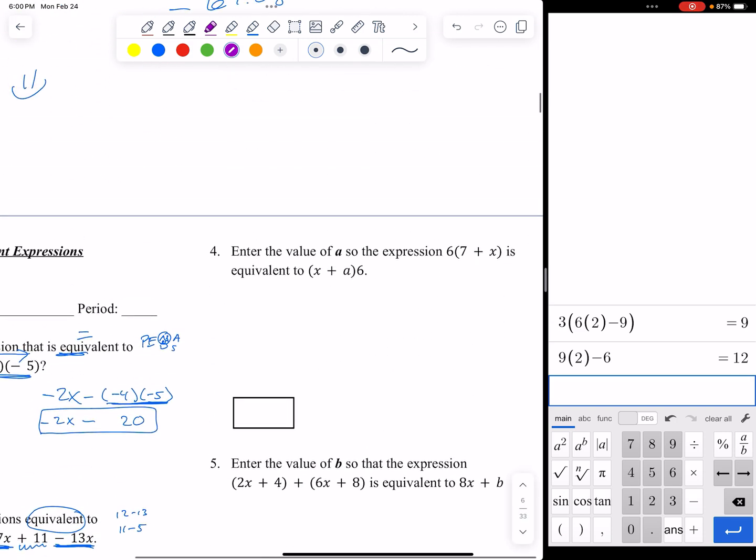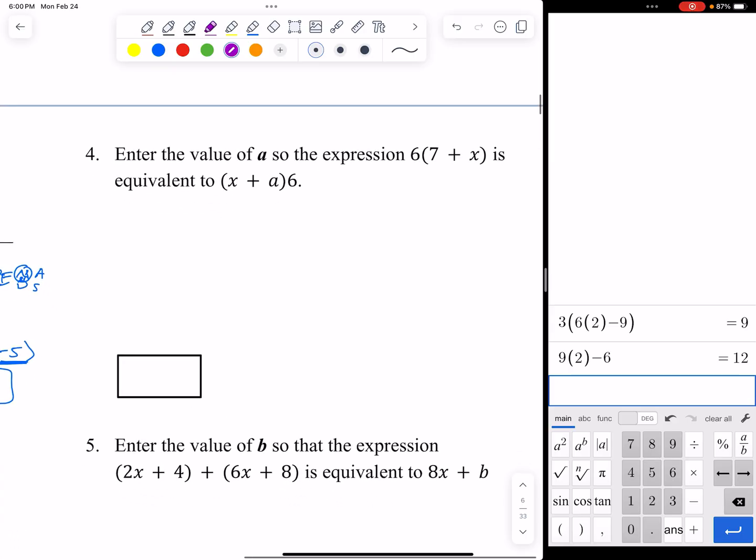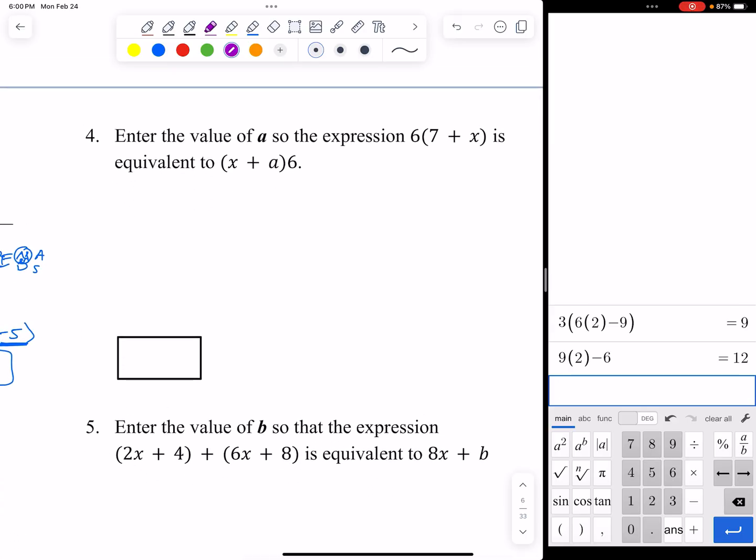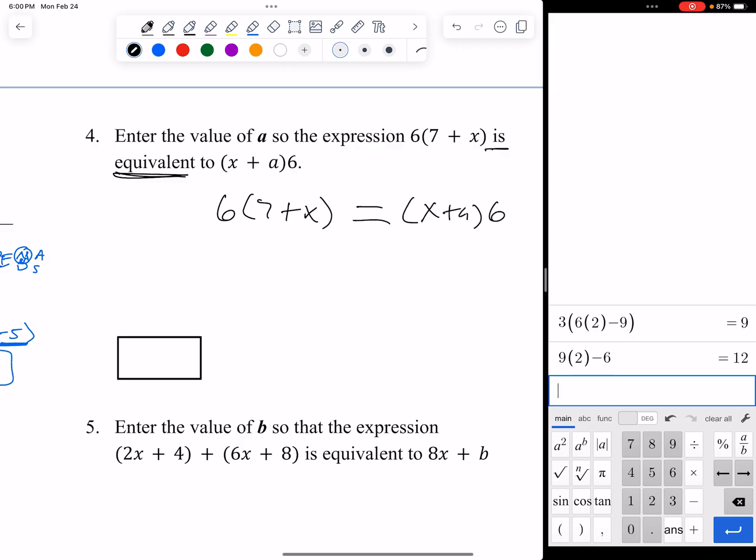All right, next one. And these look very similar, so let's see the strategy here. Okay, same strategy. So I'm not going to try to explain it every single time, just once for the whole lecture here. So enter the value of a. What's my first expression? 6 parentheses 7 plus x is equivalent, equals x plus a parentheses times 6.